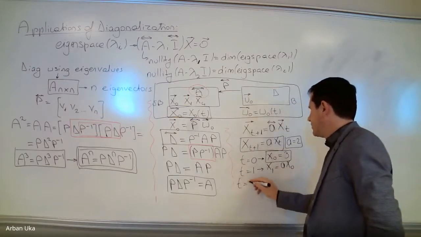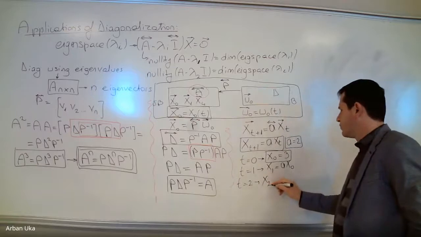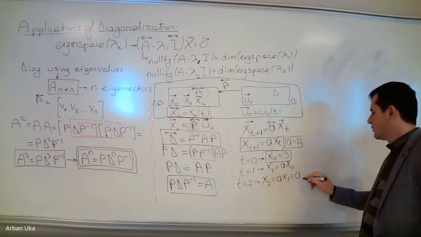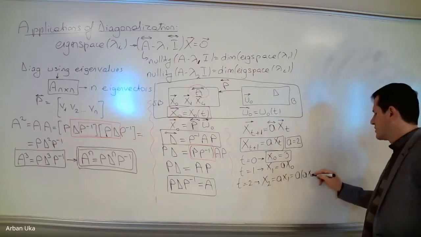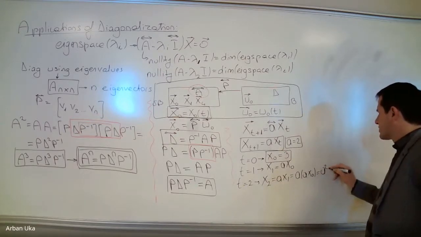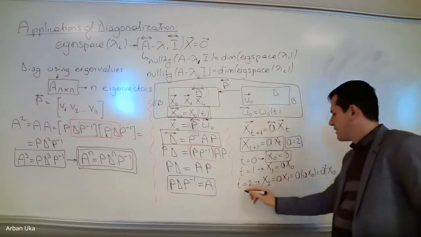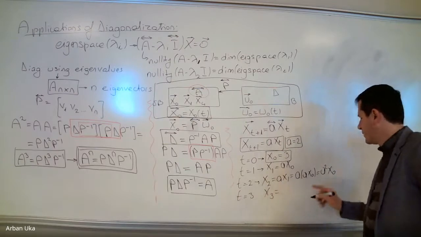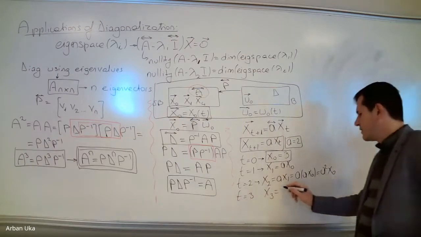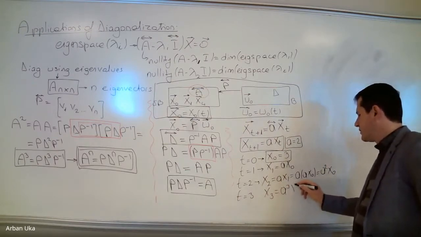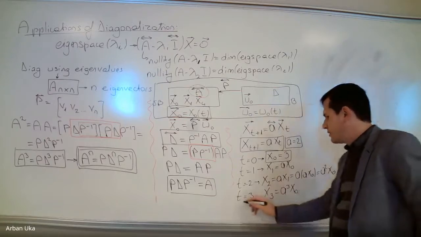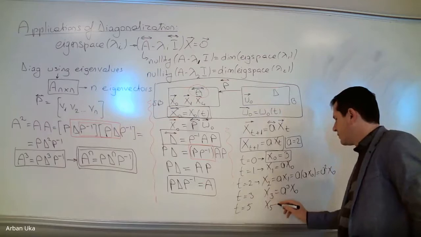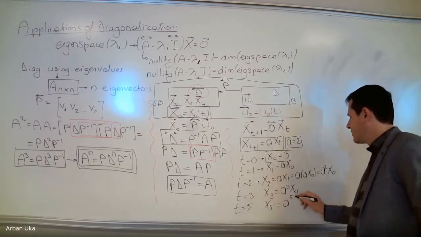Then for t equal to 2, x2 is equal to A times x1, but this is also equal to A squared times x0, right? For t equal to 3, similarly, x3 is A cubed times x0. And for t equal to 5, x5 will be equal to A to the 5 times x0.